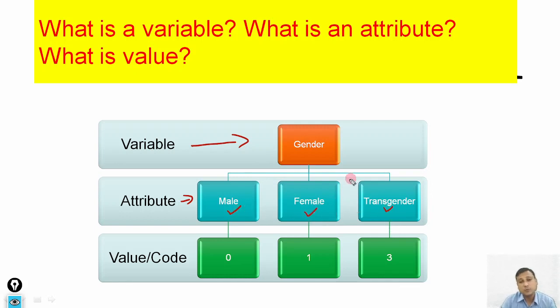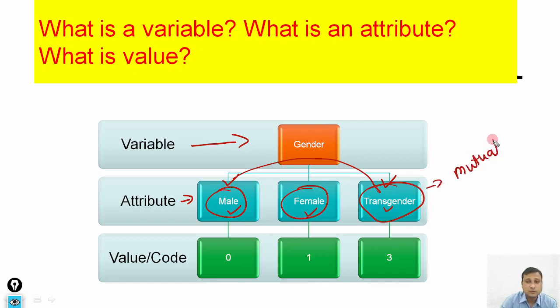Can we get a response like someone saying I am male and I am transgender at the same time? No. Either he is transgender, or he is male, or he is female. Here we call it mutually exclusive. So they are the attributes.